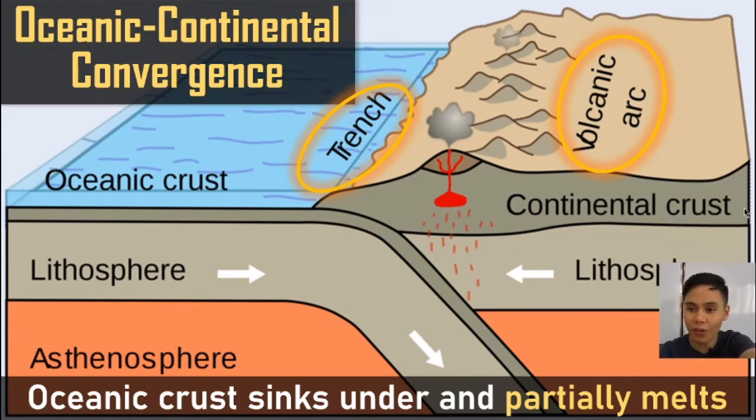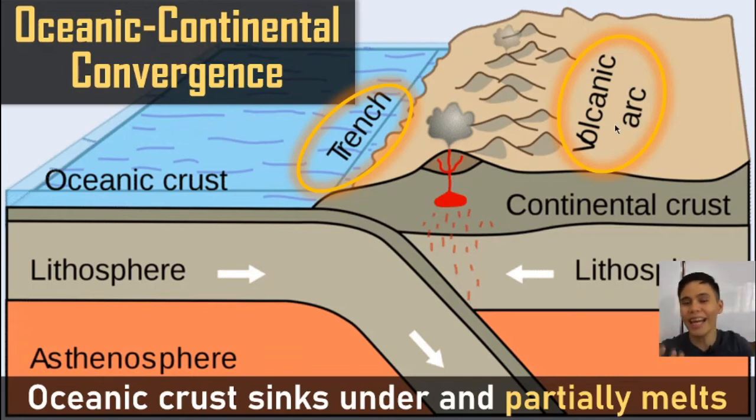Now, this is the type of convergence where you have oceanic crust, which is more dense, and continental crust, which is less dense, meeting each other. Now, since oceanic crust is more dense, that's the one that gets subducted. It sinks because it's more dense. So once it sinks and partially melts, the sunken part partially melts because of the heat and pressure, that melted part gives magmatic pressure to the continental crust above it, resulting in what we call volcanic arcs.